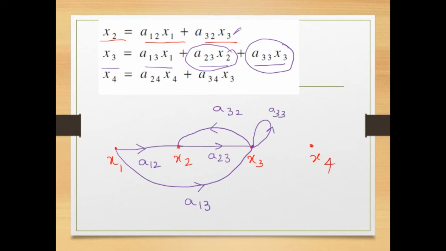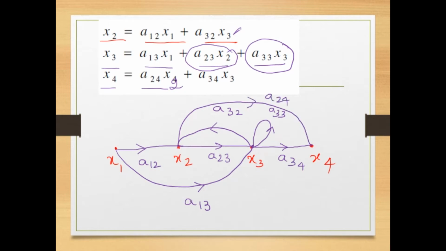Next one is x4. x4 is a24, it is x2. Okay, not x4, sorry, it is x2, and this is a34 x3. So here one is a34 x3, the other one comes from x2, which is equal to a24.